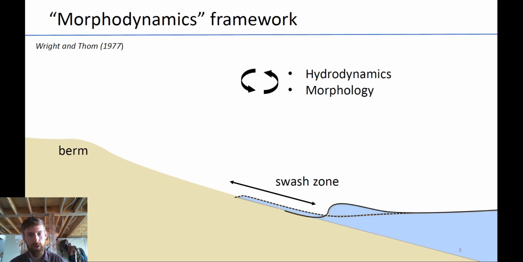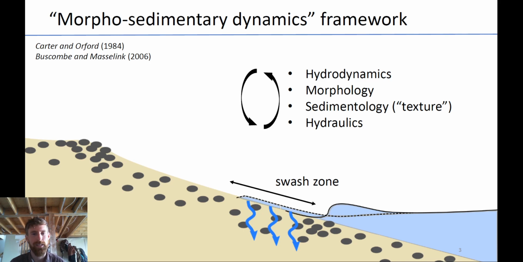When applied to a coarse-grained beach, a purely morphodynamic model misses a fundamental component of the system, and that is this element of roughness as determined by the surface grain size distribution. So morpho-sedimentary dynamics was suggested in a 2006 gravel beach review paper by Buscombe and Masselink as a framework that would more fully conceptualize dynamics on gravel beaches.